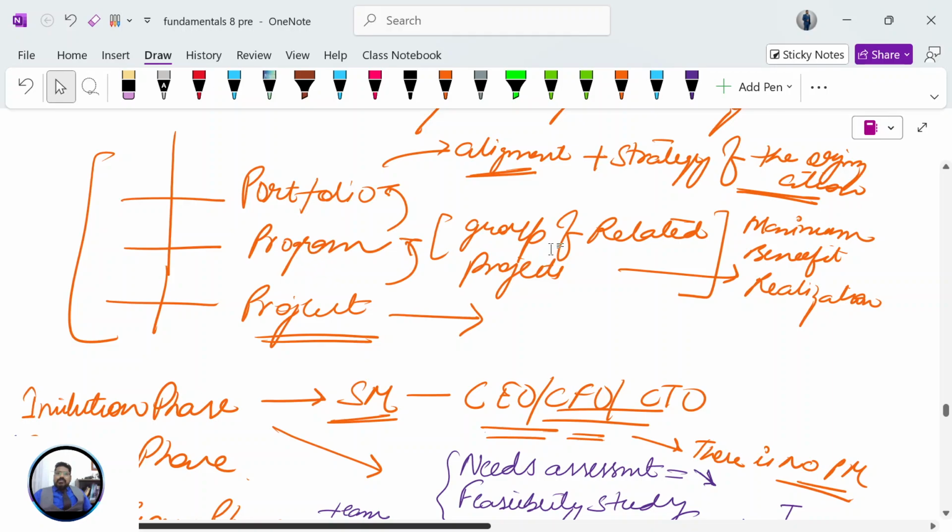A program is a group of related projects to realize maximum benefits. A portfolio is in alignment with the strategy of the organization, and based on the alignment with the strategy of the organization, they come up with portfolios. So this is the difference between portfolio, program, and project management.